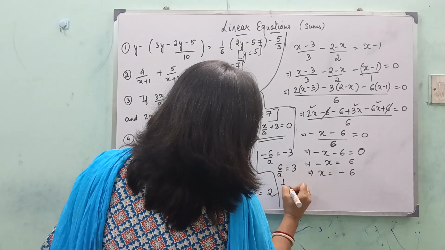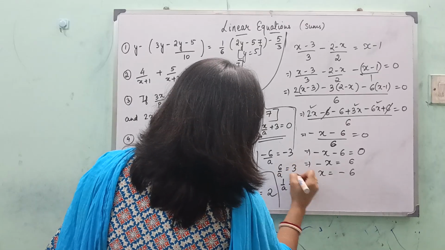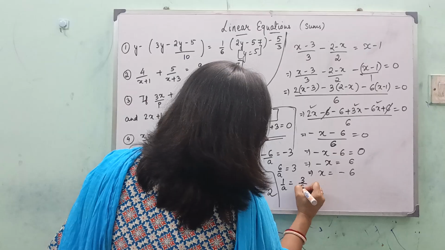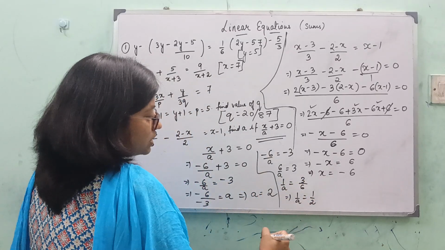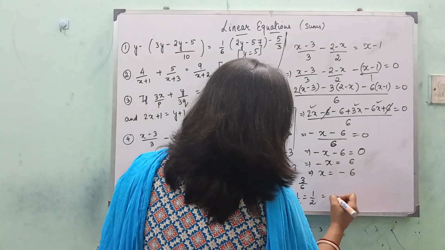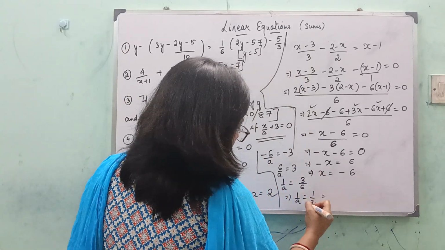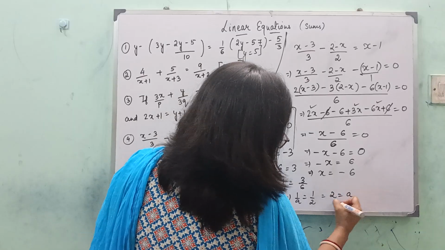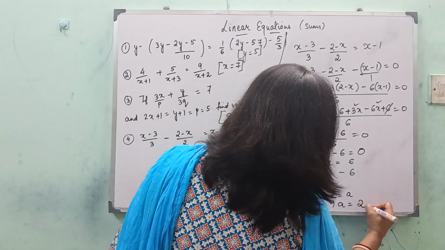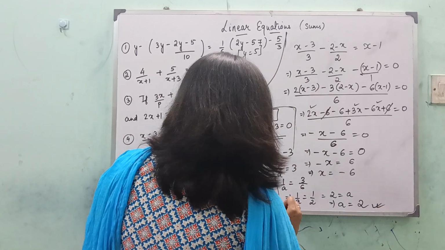So 1 by a is equal to, 6 I am taking over here, 3 by 6. So 1 by a is equal to 1 by 2. That gives you a is equal to, now you can cross multiply. 2 into 1 is 2, a into 1 is a. So your answer is a is equal to 2. Anyway, you are getting the answer a is equal to 2.